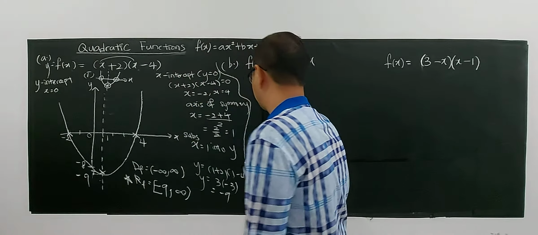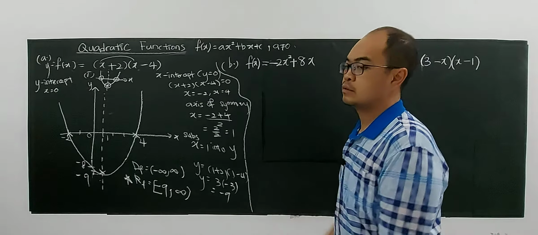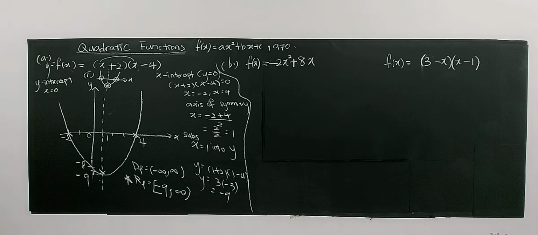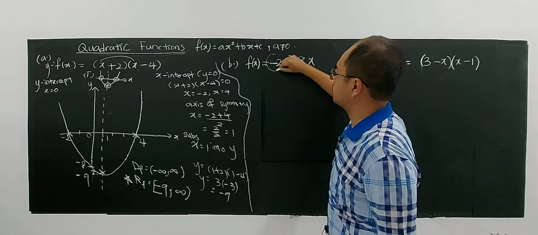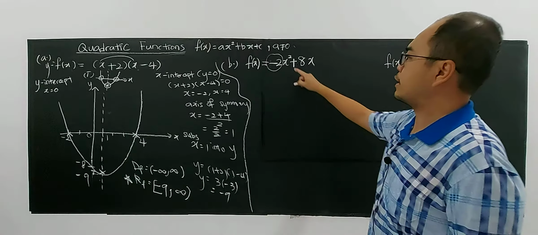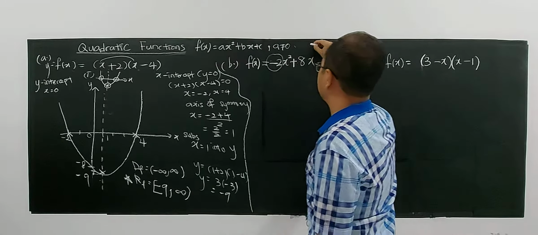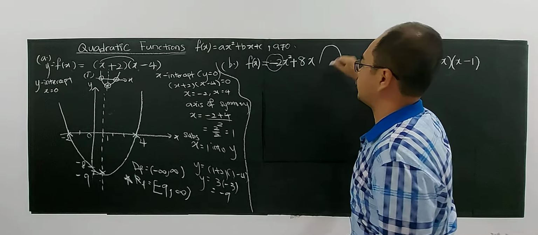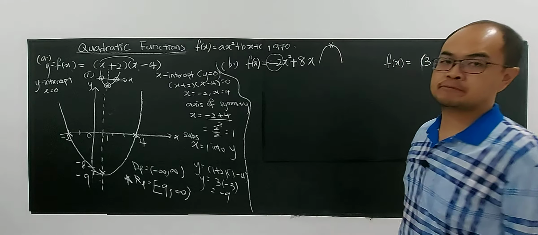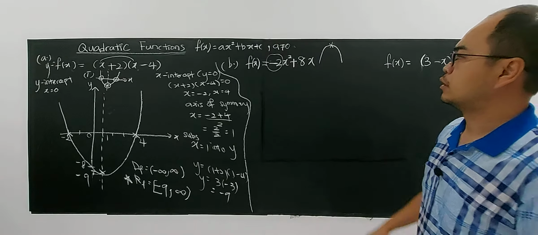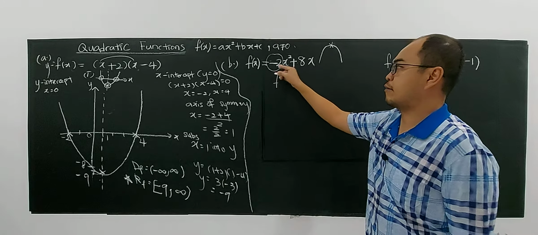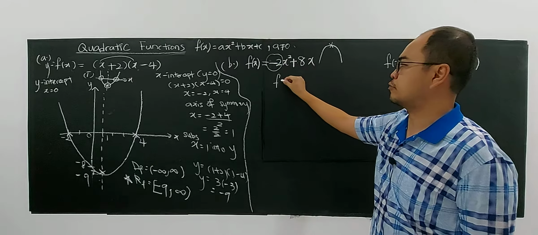Let's go to part B. For part B, the graph has a negative sign in front of x squared. Once you have a negative, the graph will open downwards, meaning there is a maximum point. There are various ways to sketch this graph.